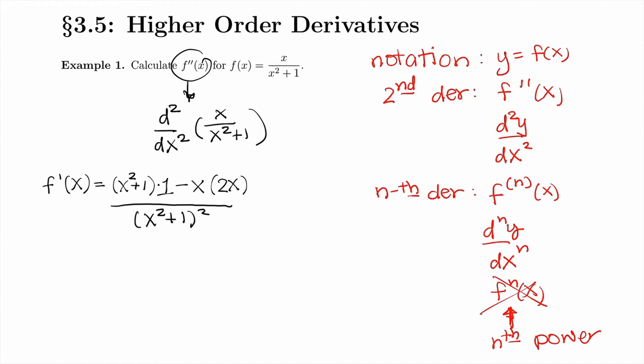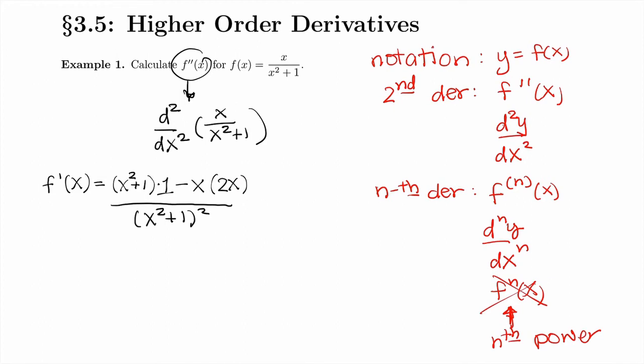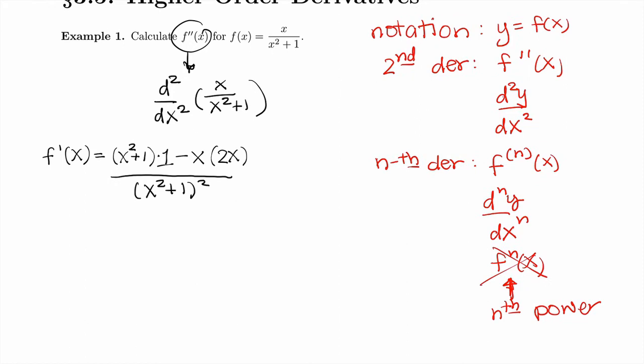Okay, so let's simplify this a little bit. Generally, you don't want to multiply out the denominator. That's just going to make your life a lot harder. But in this case, we kind of have to, because we need to take the derivative again. We don't have a rule for a function squared, so we're going to have to multiply this out in order to do this derivative.